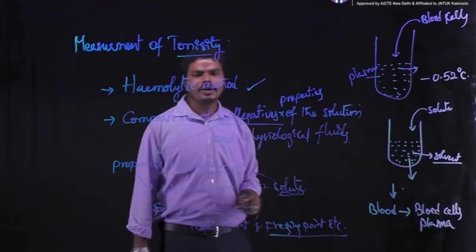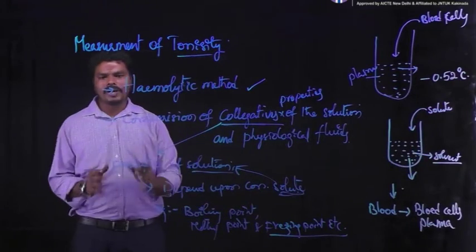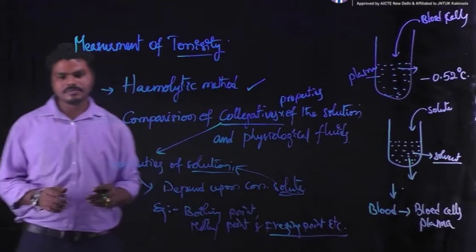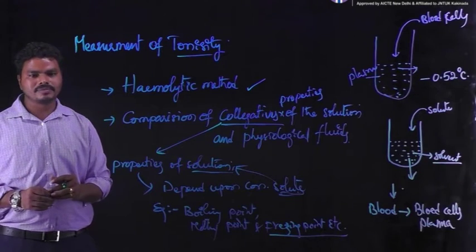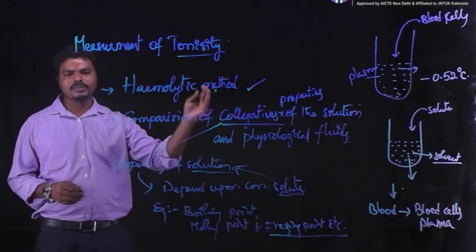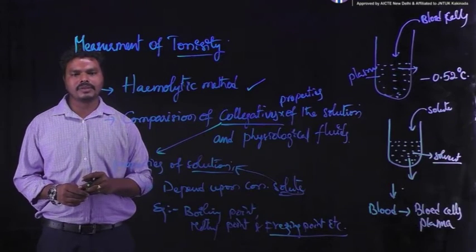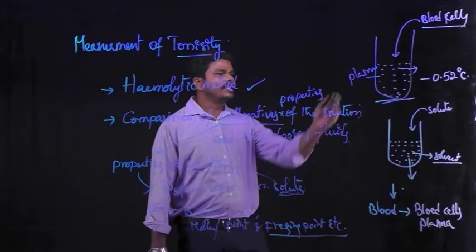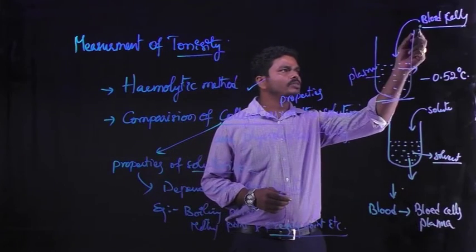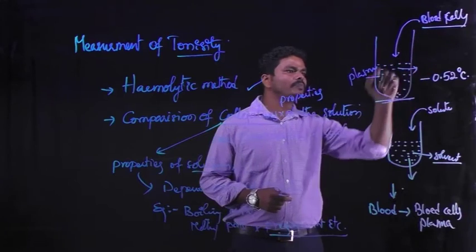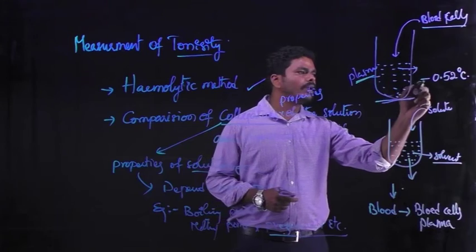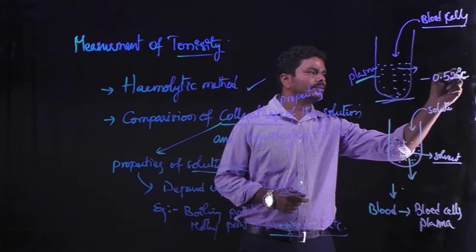Here the freezing point is nothing but the point at which the solution is subjected to freezing. Freezing means it will form ice. Okay. So in case of plasma, when you add the solutes, that are nothing but the blood cells, to the plasma, the freezing point of plasma will be decreased to minus 0.52 degrees centigrade.